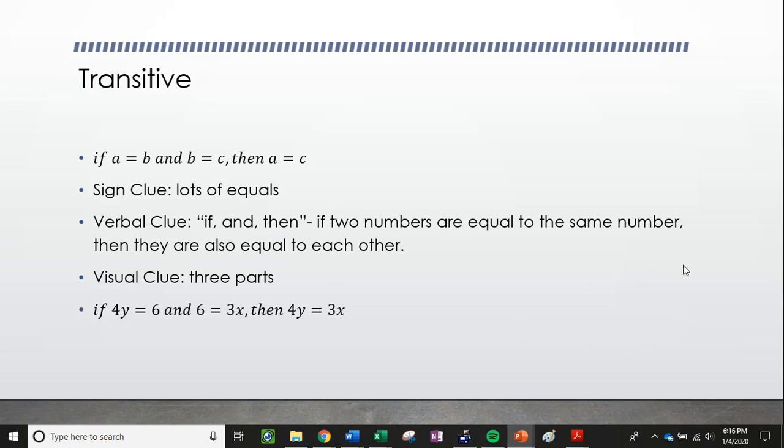Think about if two numbers are equal to the same number, then they are also equal to each other. If 4y equals 6 and 6 equals 3x, well, then can't I substitute that 3x in for the 6 and be able to say 4y equals 3x? Yes, absolutely. That's an example of the transitive property.